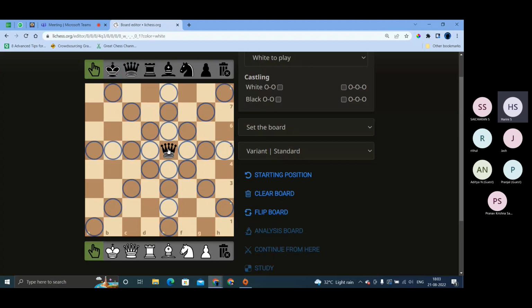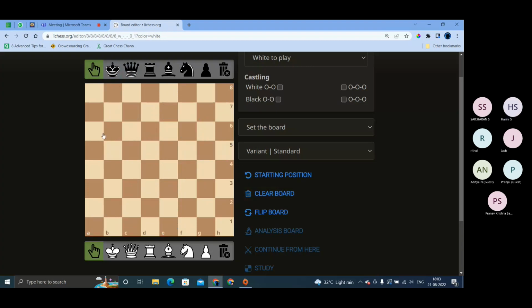Now let's learn about attacking and securing. So you can also say attacking, supporting. There is a piece here, and then there is an opponent's piece here. Now in this position we can say, if we are black, this rook is attacking this bishop.